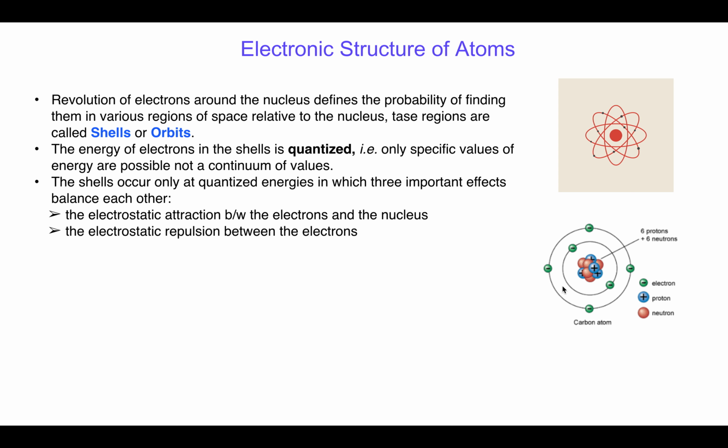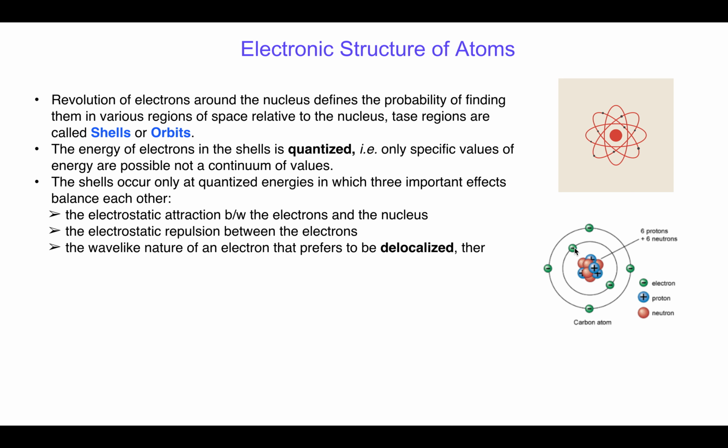Then the electrostatic repulsion between the electrons that are, for example, inside the same orbit or in the nearby orbits is also overcome because of the quantization of energy, that is, electrons are present at some specific distances.